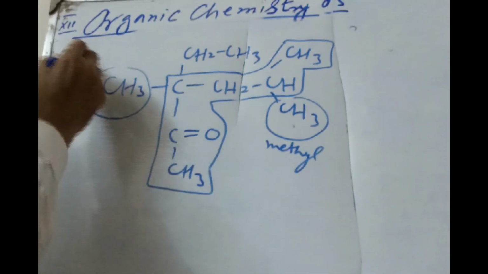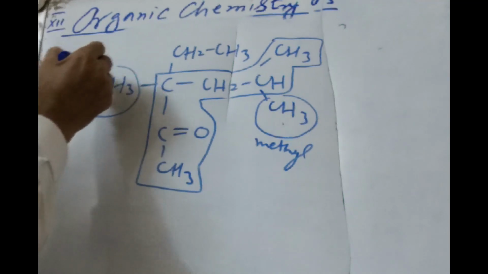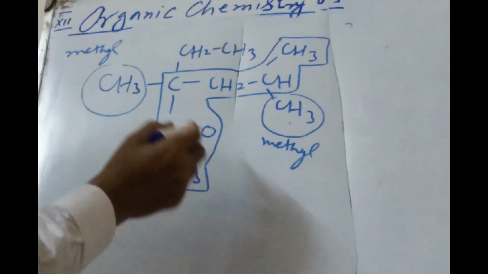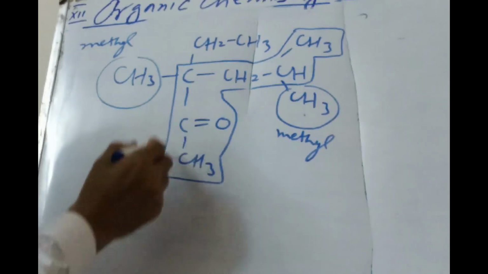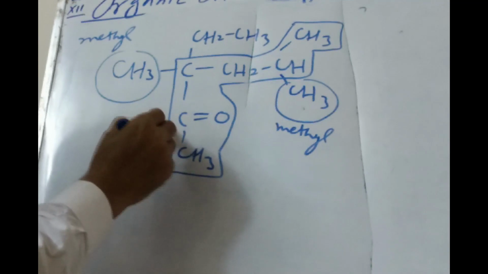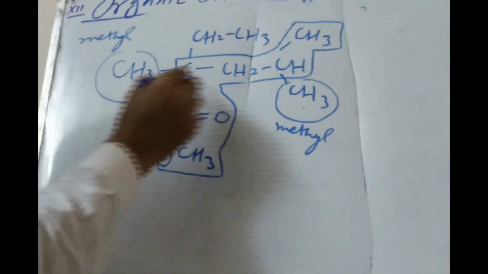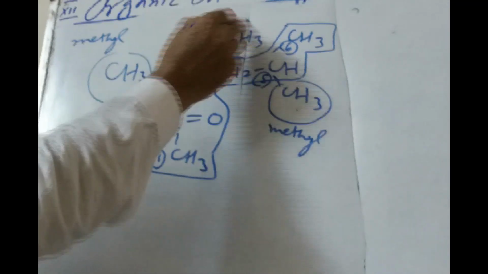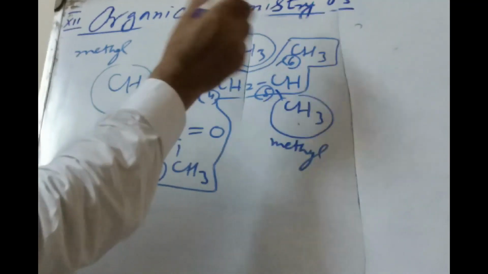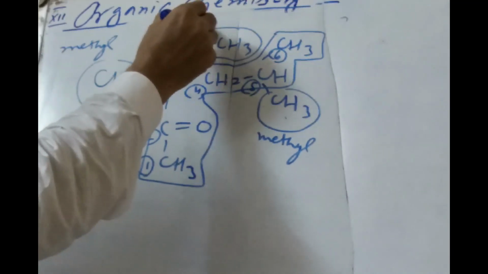Again, this is the methyl group. So the numbering, this is a functional group. 1 2 3 4 5. From this side 1 2, so numbering should be started from this side. 1 2 3 4 5, and this is the 6. And this is another alkyl radical, which is the ethyl.